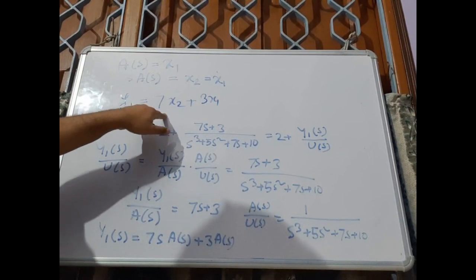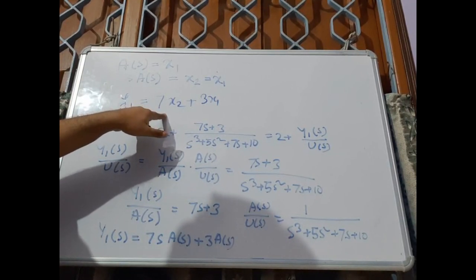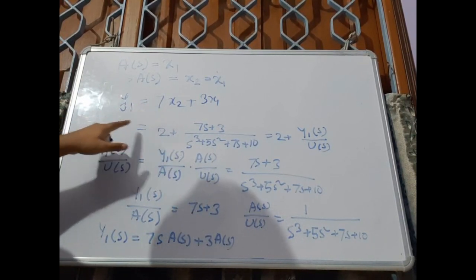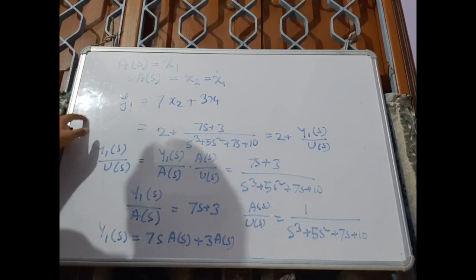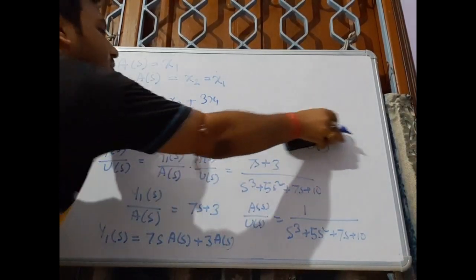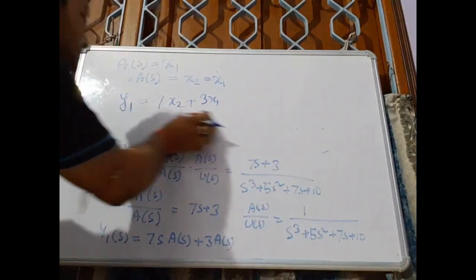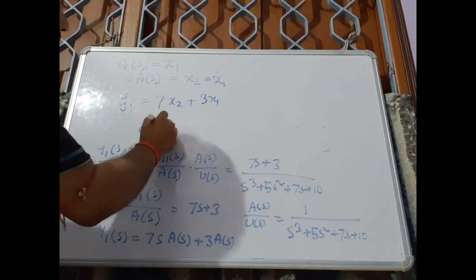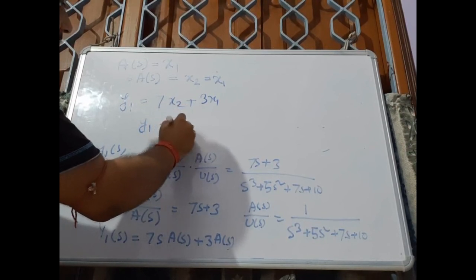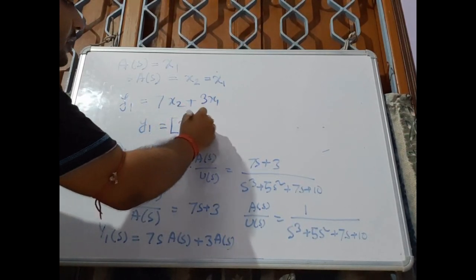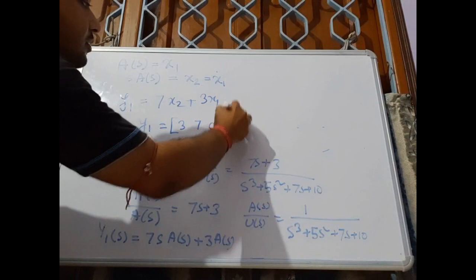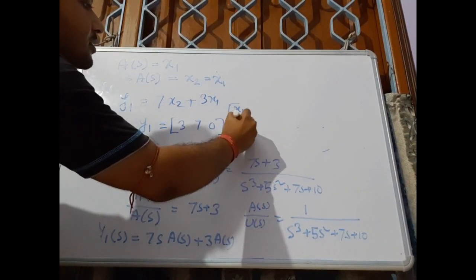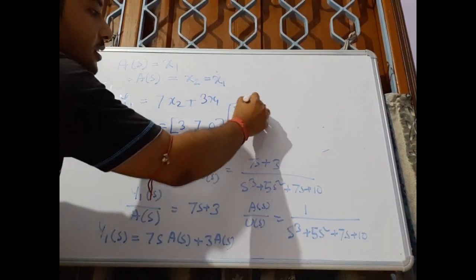We can write this. And this y1 can also be written in matrix form: y1 is equal to [3 7 0] into [x1, x2, x3], right?